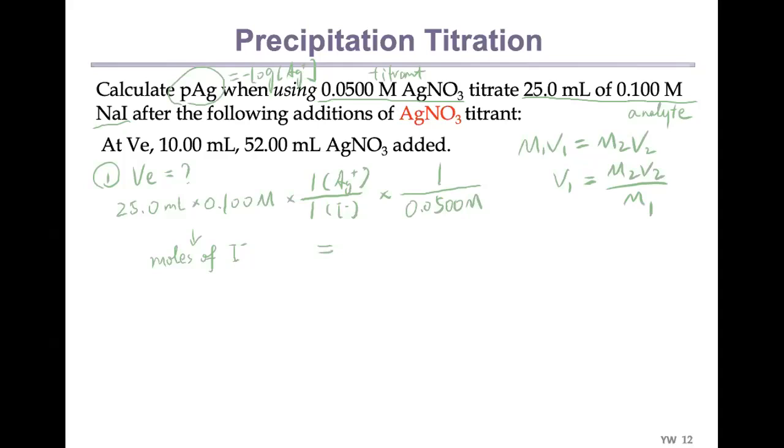And how many sig figs are we supposed to keep? 3. So 50.0. All right. So since we already have VE, now what is the concentration of silver at VE?